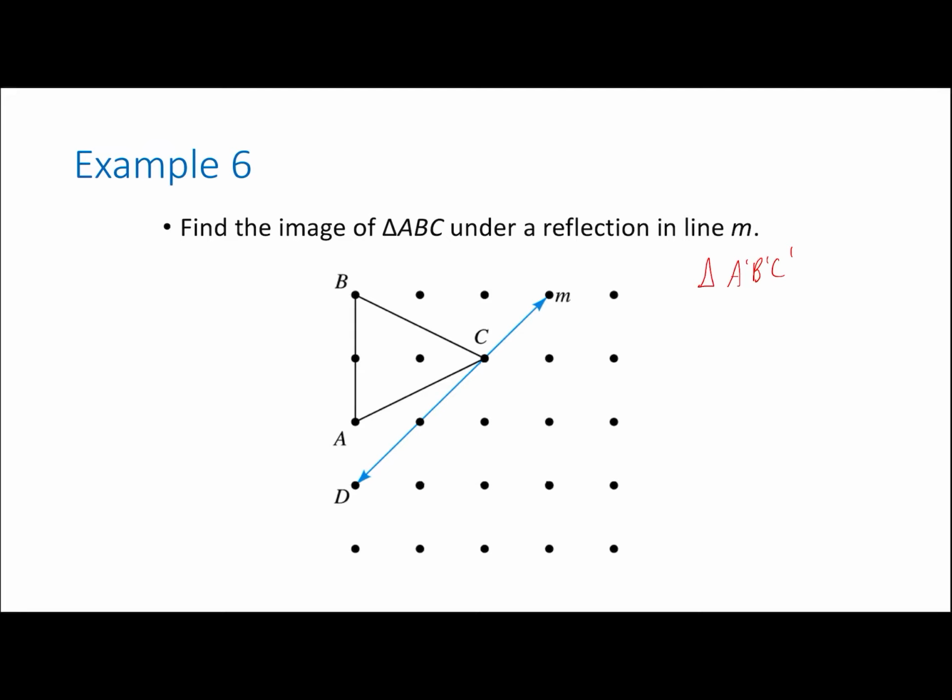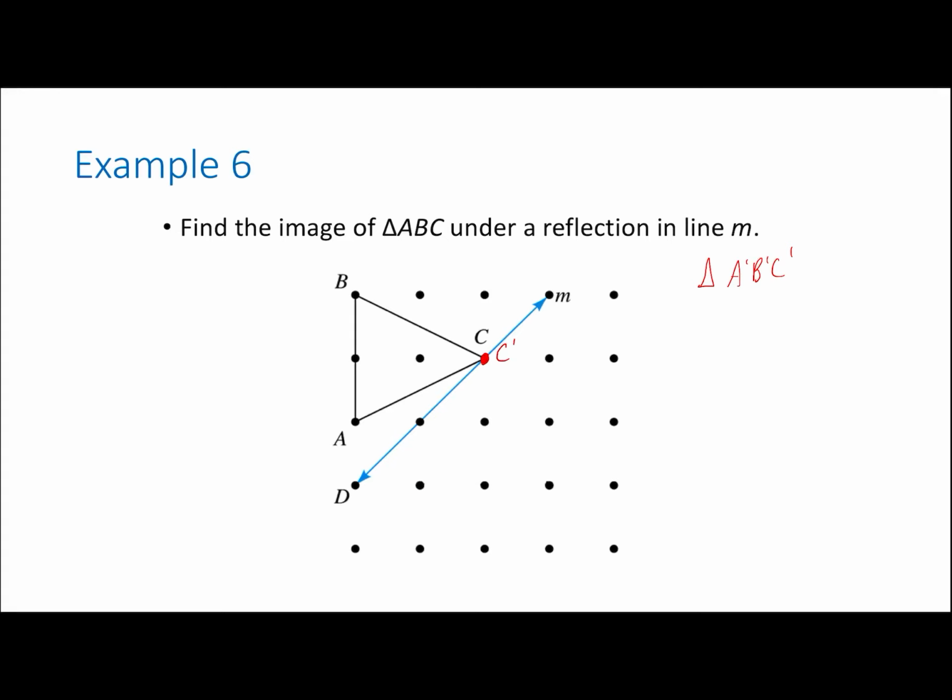That's going to be the one that we're going to draw. We want it to look just like the original triangle ABC, but we want it reflected across this line M. Now, since point C is on the line, then point C prime is also going to be on the line.